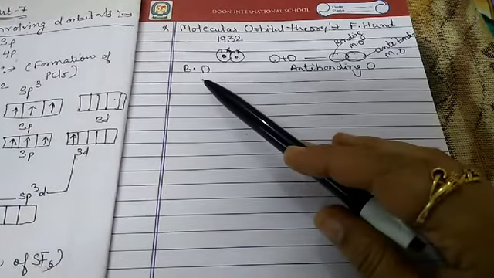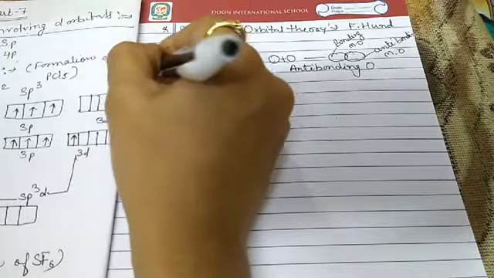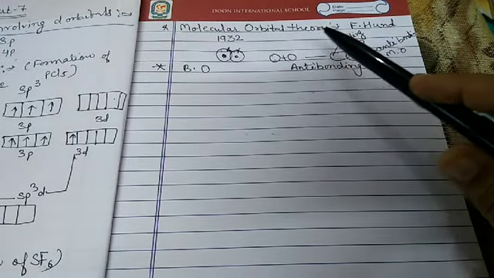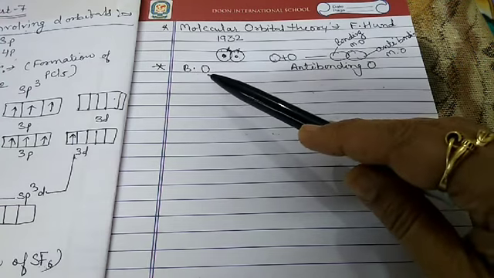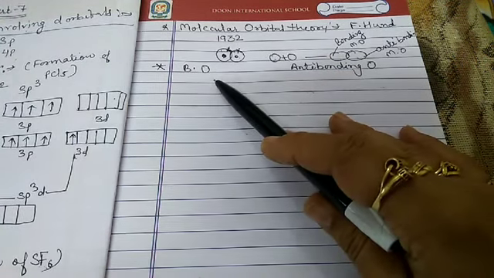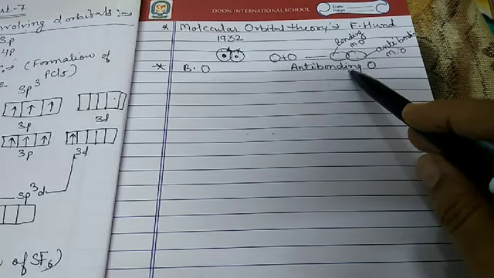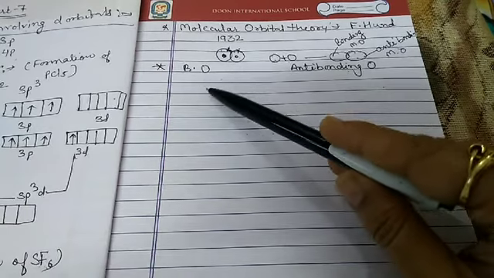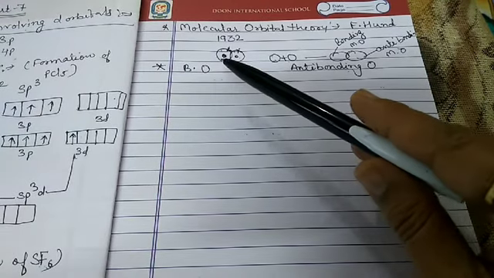Okay, now let us discuss a new topic. This topic belongs to the molecular orbital theory. We know that we have two types of orbitals: the bonding orbital and the anti-bonding orbital. First of all, let us discuss the bonding orbital.